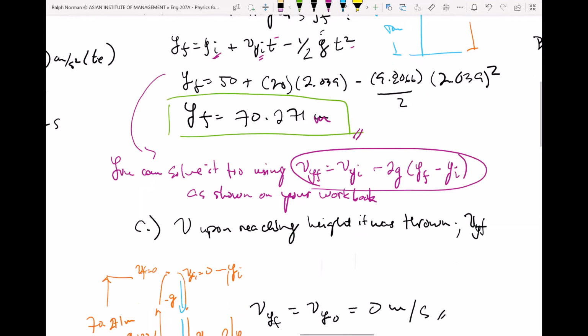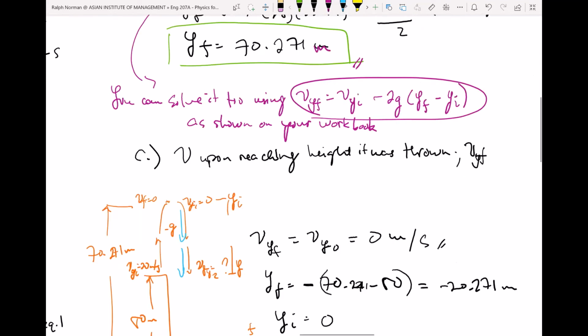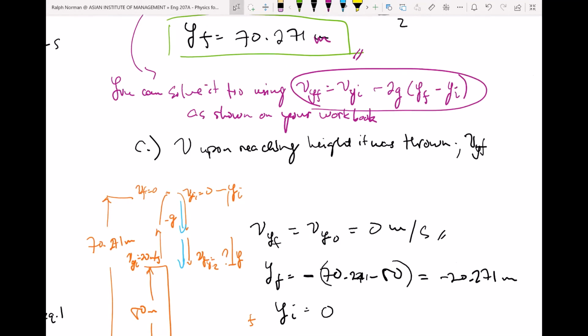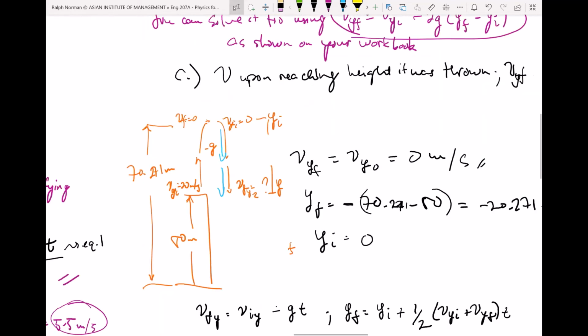Okay, the next problem is C. Now we're being asked, what is the velocity upon reaching the height it was thrown? So from its max height, it's going to go back to the point where it was thrown. I made an illustration here just to imagine how it goes. So you started here, and for the first part, it went here.